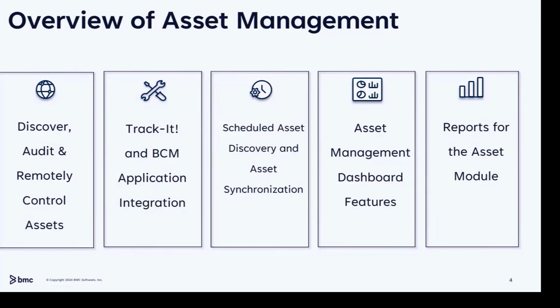Some of the important reports we have are the all audited software by manufacturer report that gives us the list of all the audited software information grouped according to the manufacturer. Then we have the BCM asset hardware report that has all BCM asset hardware information.